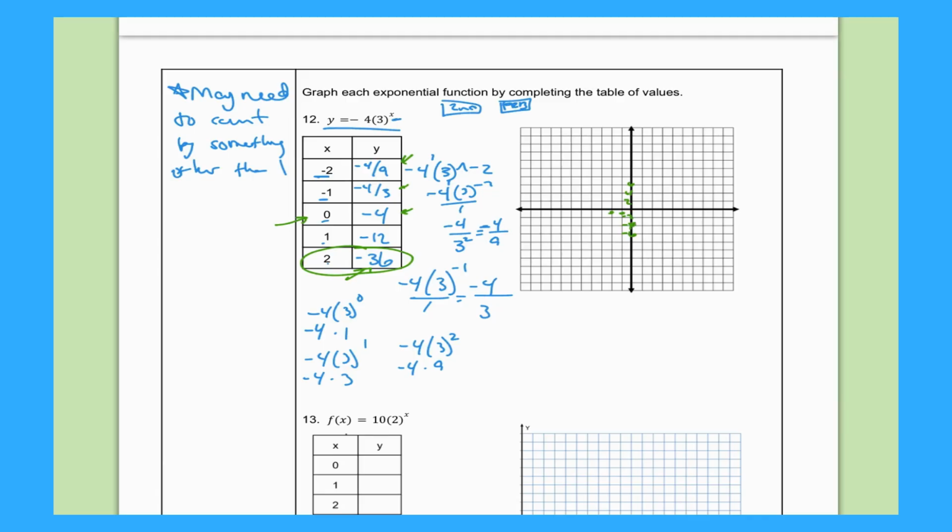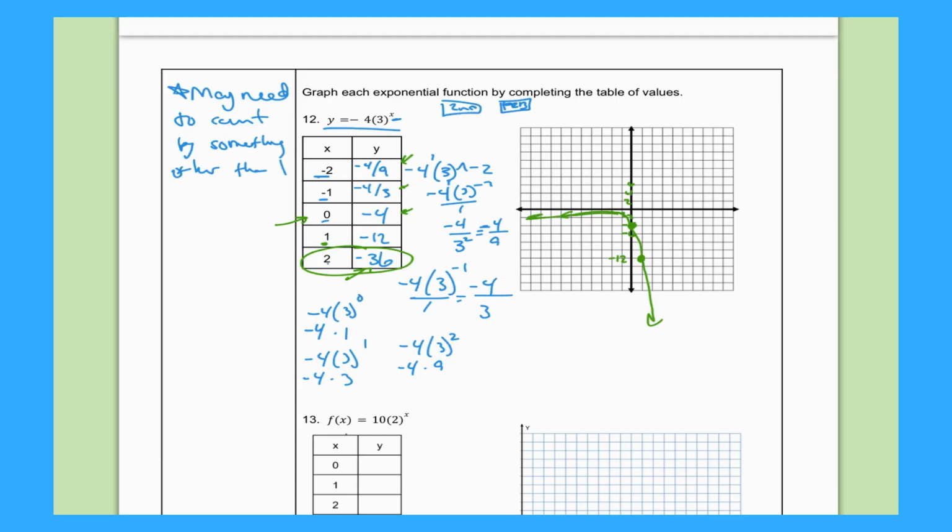And since we counted by 2s, the y is -4 right here. When x is 1, the y is -12. 2, 4, 6, 8, 10, that's going to be negative 12. And then the next one is going to be way off the graph. So again, if one of them is off the graph, that is okay. And then I'm going to connect those dots, and it's going to look like this.